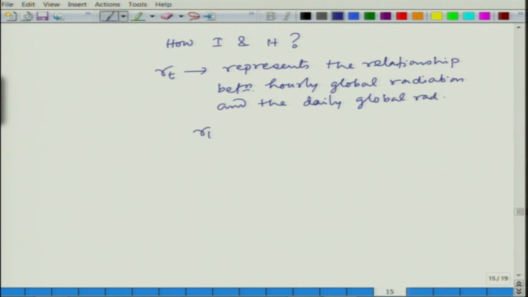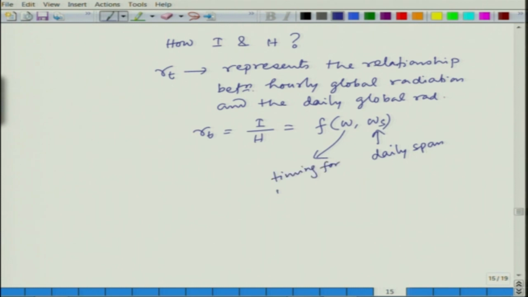Basically r T is nothing but I by H, and you can imagine that this will be a function of the hour as well as the total span of the sunshine hours for that whole day, W S. This gives the daily span and this gives the timing for that particular hour.